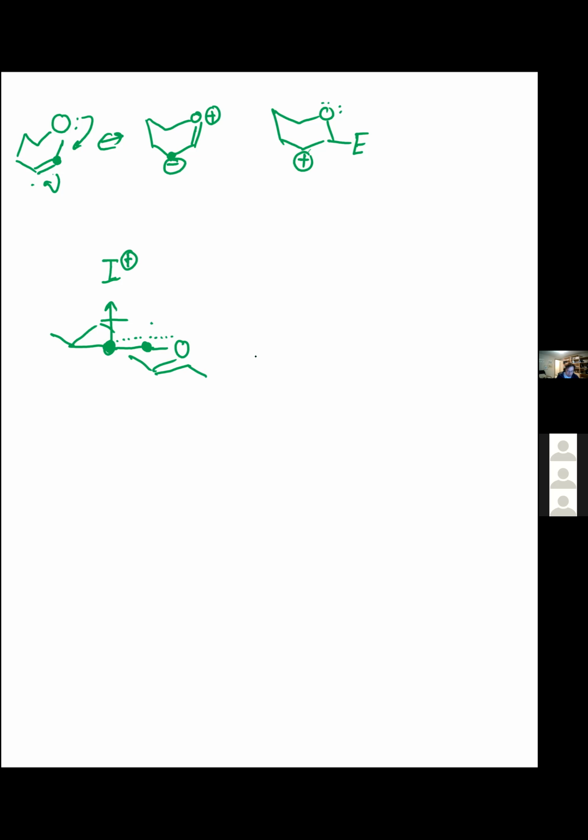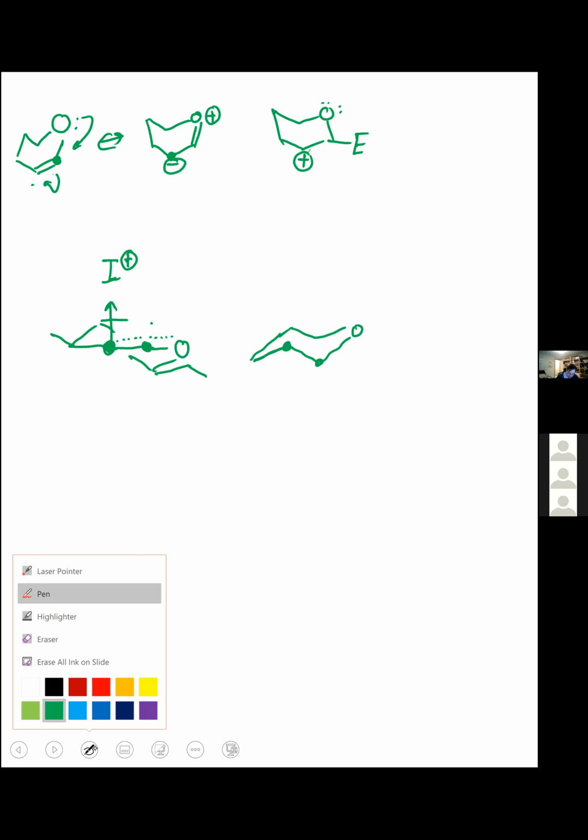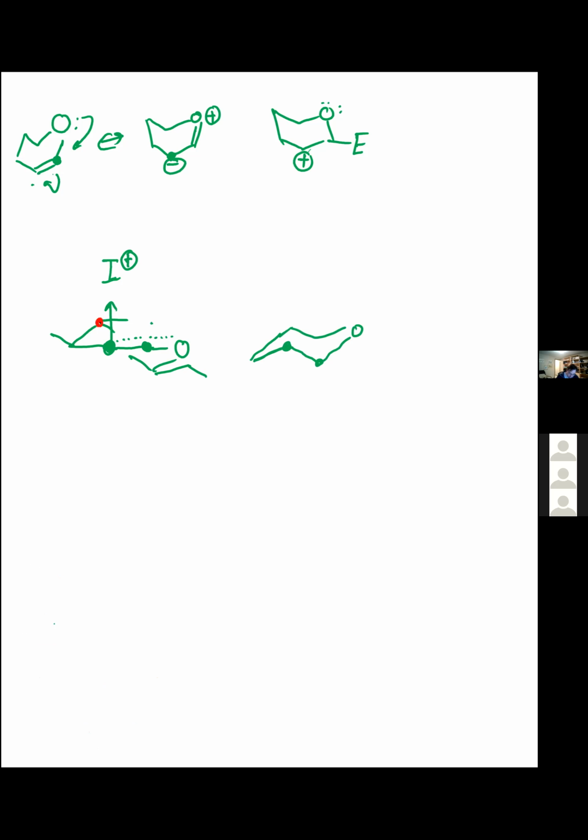And so the iodine is on top. What happens is it gets pulled up. So that carbon gets pulled up, which pushes the other carbon down, which keeps the oxygen up. So I'm just going to label some of the atoms with some color just so we can keep track of which atoms are which. It's really easy.